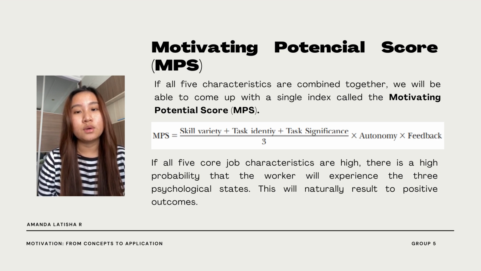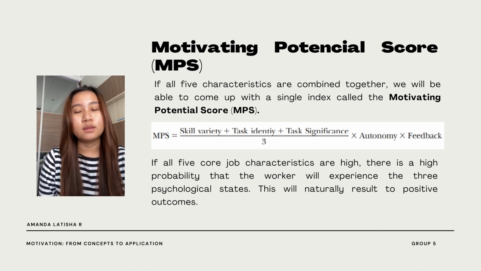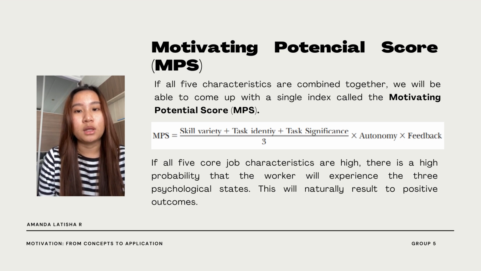This index is called the MPS, or motivating potential score. And we also have the formula here: skill variety plus task identity plus task significance, divided by 3, multiplied by autonomy and feedback, equals the MPS, or motivating potential score.